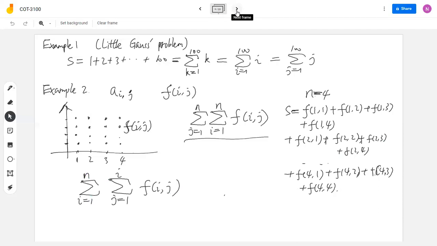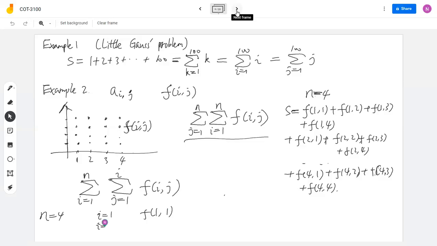That means for fixed i, I'm summing over j equals 1 to i. So let's write this. Suppose n equals 4. What are we going to have? Let's say i equals 1. I'm going to have f11, just one term because j equals 1 to 1.